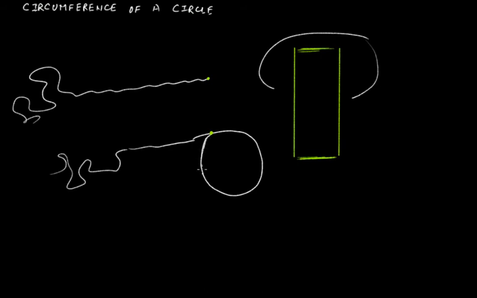Again, I apologize that my circle is not very perfect, as it's a rough diagram, but assume that it's a perfect circle. You have got this circle using this thread, rounding it around this rod, and this tip is touching here, making a perfect circle. And let's say the center of this circle is O.